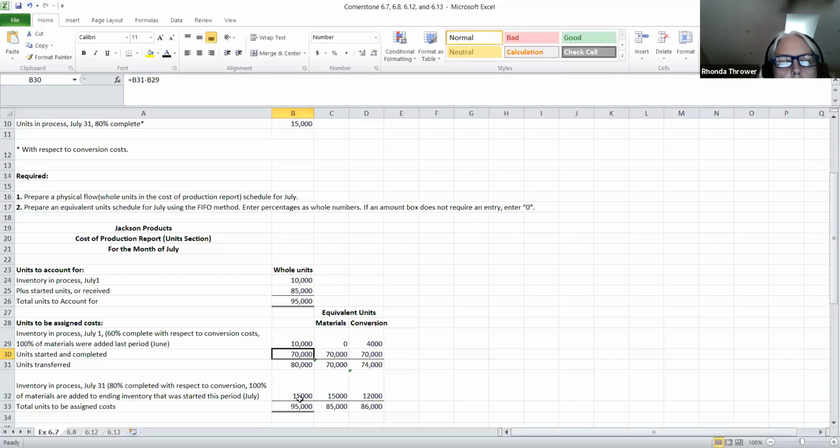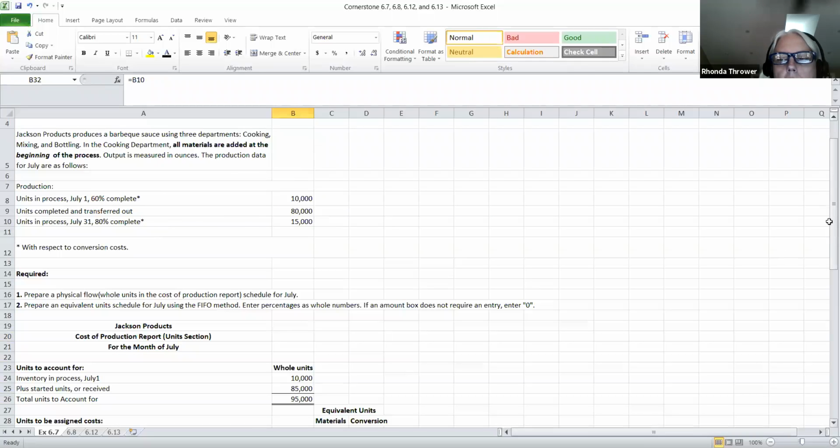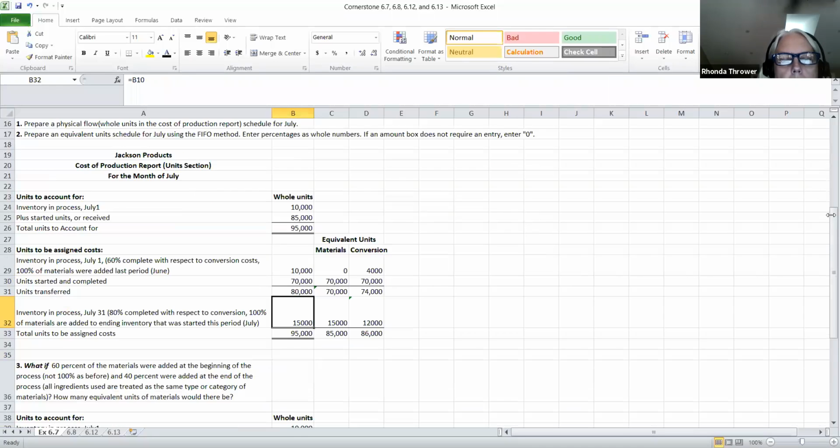The next thing we need to put in is our ending inventory. And they gave us this ending inventory at 15,000. You see here that it's 80% complete with respect to conversion. 15,000 is our ending inventory whole units here.